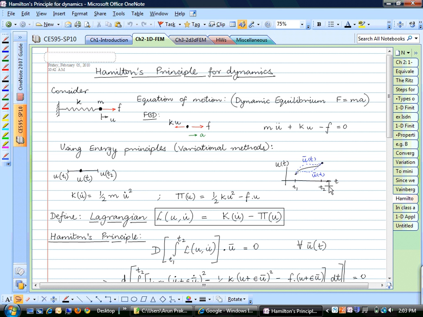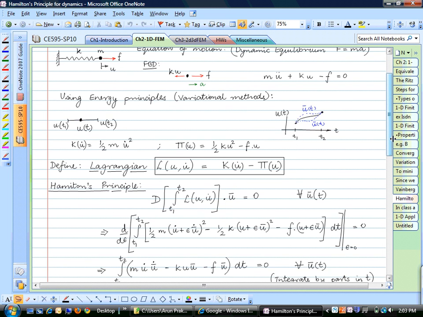This is a one-dimensional problem, so it's just movement along a line, but the rate of that movement determines the shape of this curve. This black line right here is the real displacement versus time. We are going to consider virtual variations of that real displacement with respect to time. These are the two blue curves.